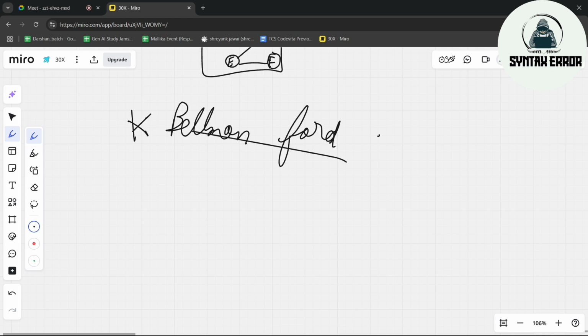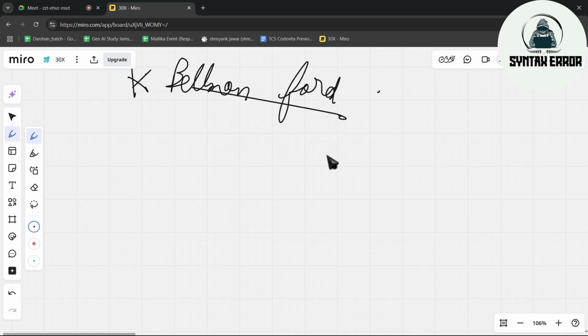Bellman-Ford. I have already said what it is. This is also the same as Dijkstra's algorithm. The objective is the same: we have to find the shortest path from a source node to all the other nodes.